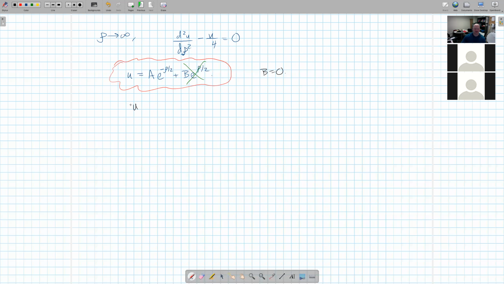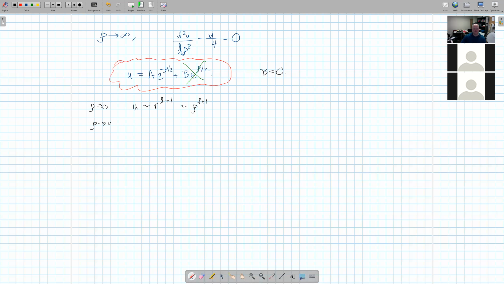In the limit that rho goes to 0, which is equivalent to r going to 0, our wave function has to go as r to the L plus 1, which is equivalent to rho to the L plus 1.